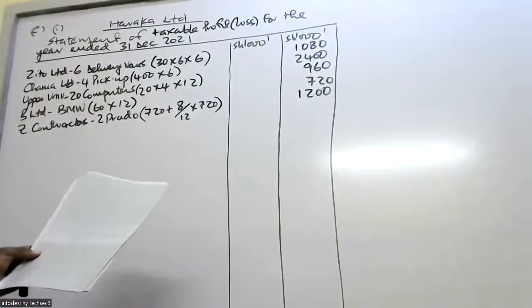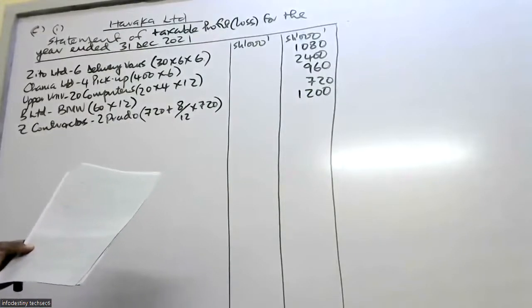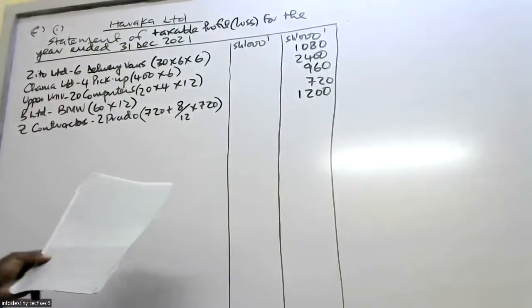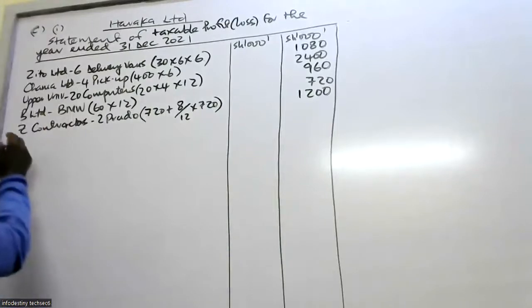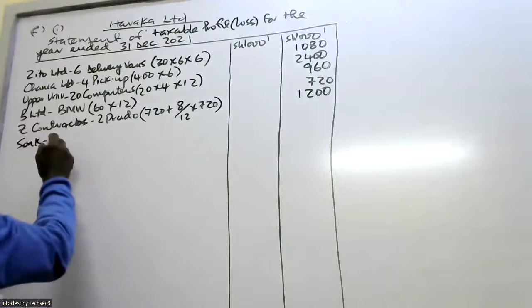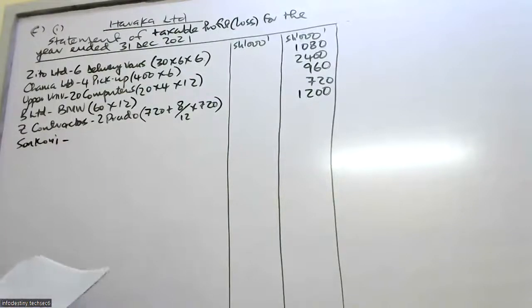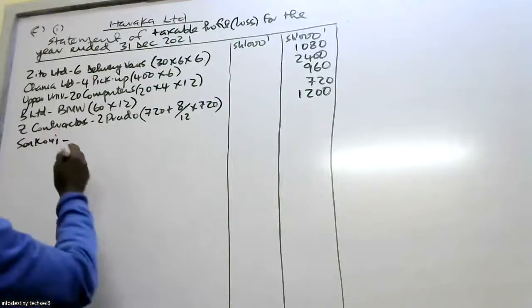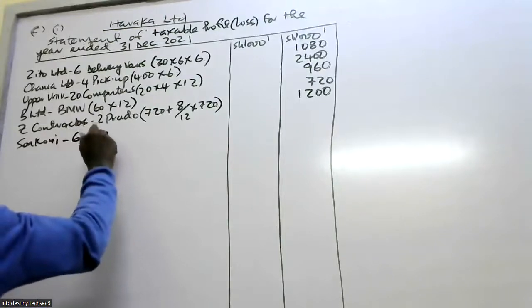The delivery vans to Zito were returned upon lease expiry, and Haraka Limited leased them to Sokoni for 4 months at 24,000 each per month. So Sokoni Supermarket, they got hold of 6 vans which were returned.